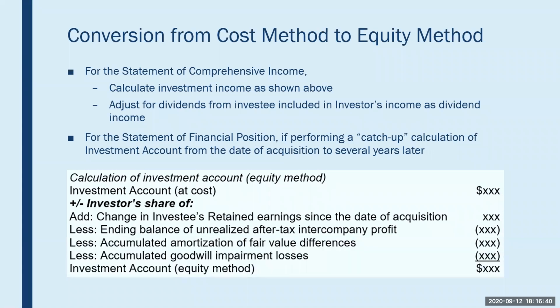We will also subtract the accumulated amortization of fair value differences and any accumulated goodwill impairment losses up to the date of calculation. So making those adjustments to the investment account at cost gives us the investment account balance as per the equity method. We will, when we look at the in-class examples, look at an example of something like this.